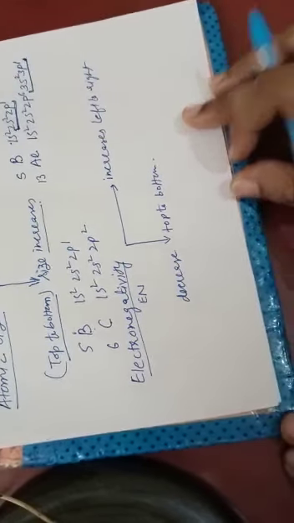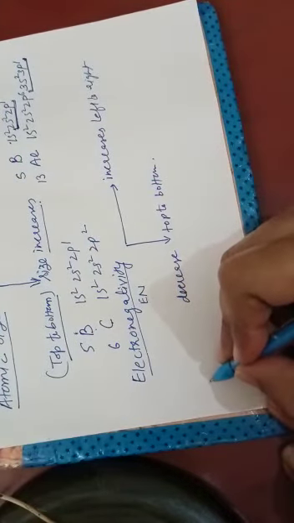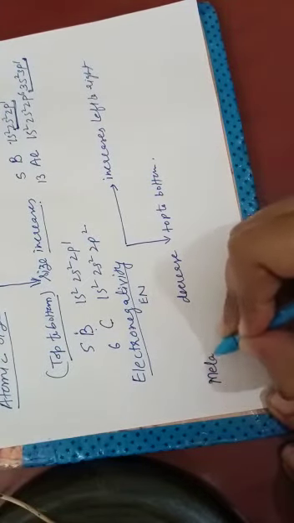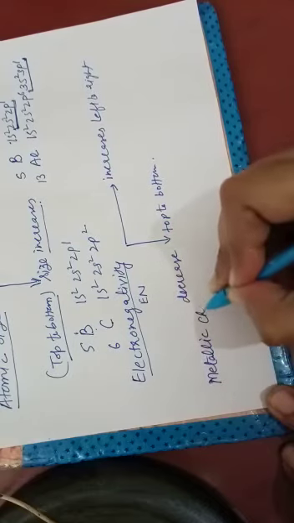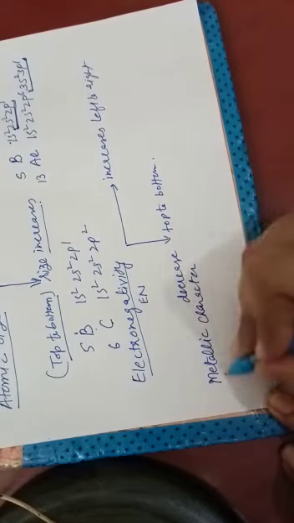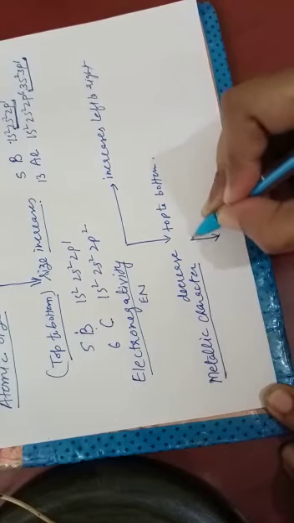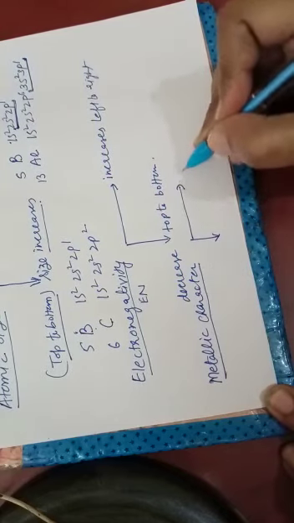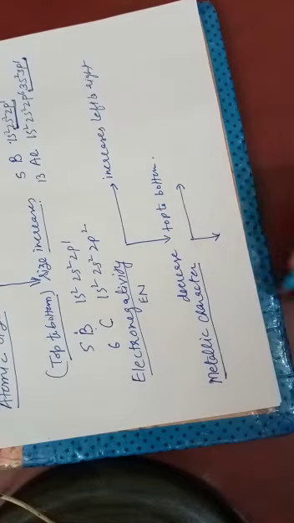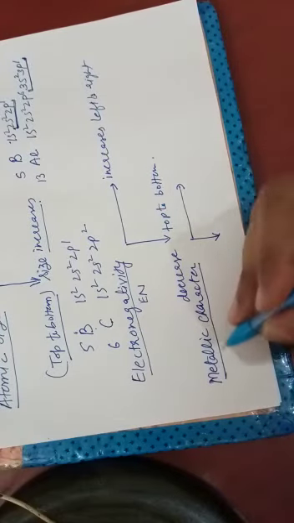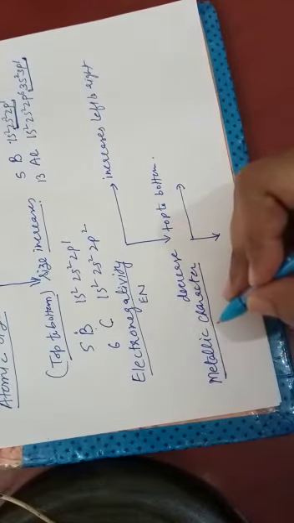Now we talk about metallic character. You know that a metal always loses electrons.